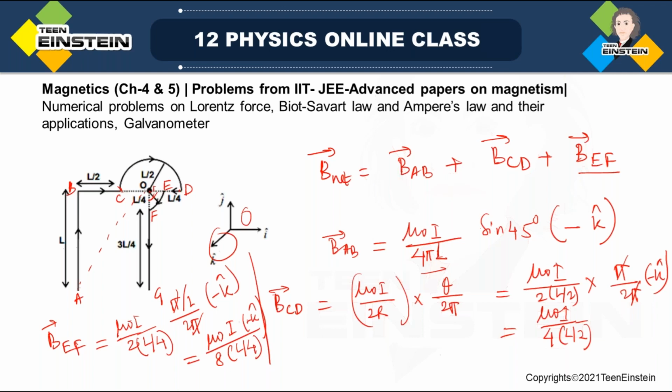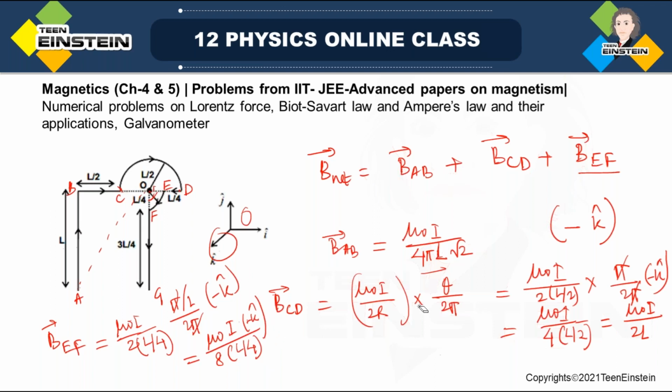Okay, so this thing I can actually write as sine 45, root over 2, that's fine I guess. Now if we simplify it a little bit, μ0 I by 2L.